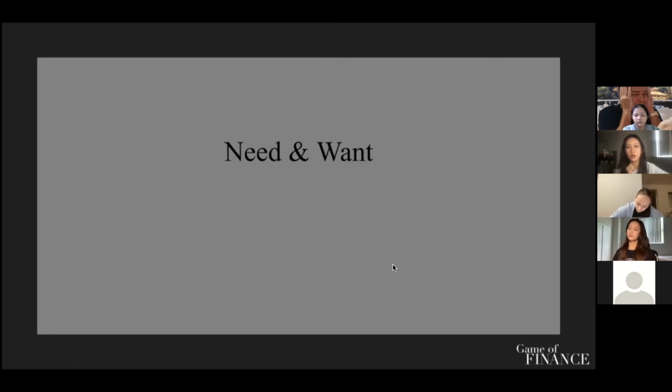So, need and want. These are the primary things that create scarcity, needs and wants. So if we were to categorize needs and wants, I'd say needs are shelter, food, water, and clothing. Well, I mean, clothing is a need.